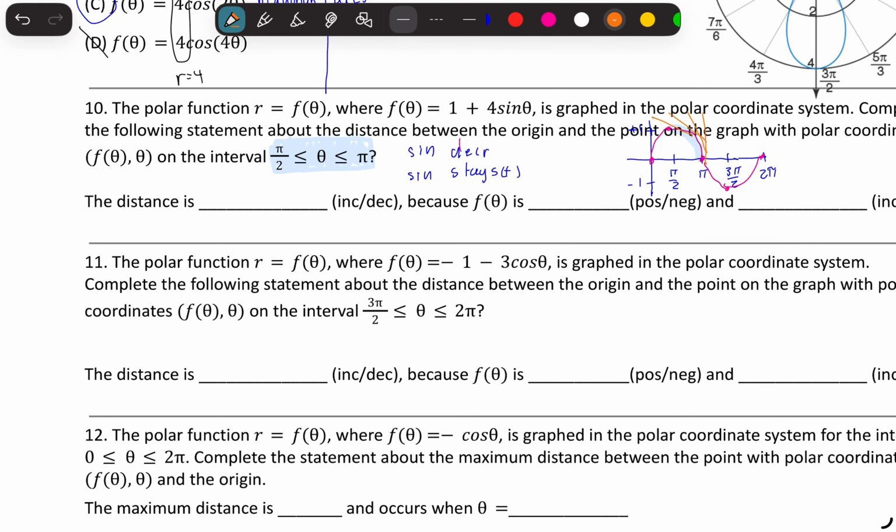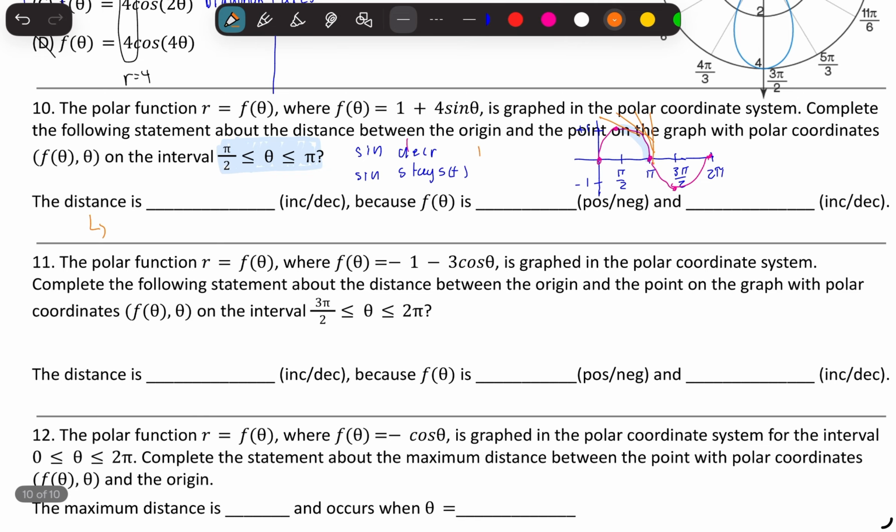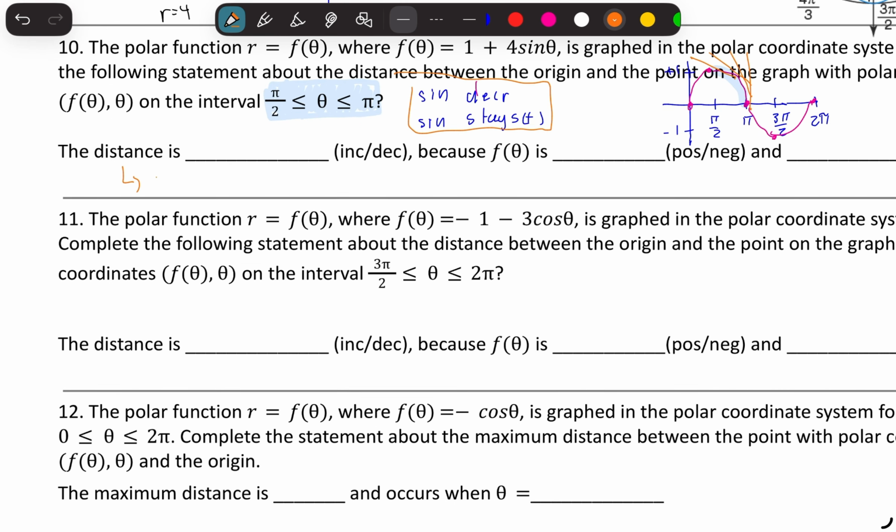So that means that the distance from the origin, okay, we can see that it's positive and decreasing, but we can say that the distance from the origin is defined as the absolute value of r.